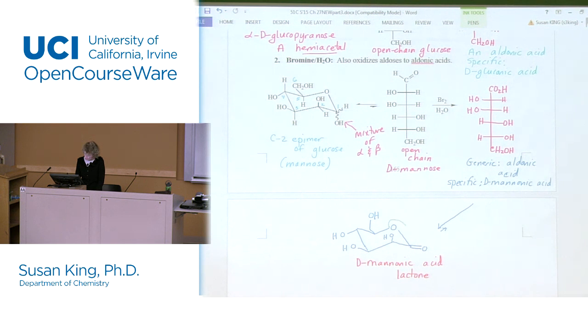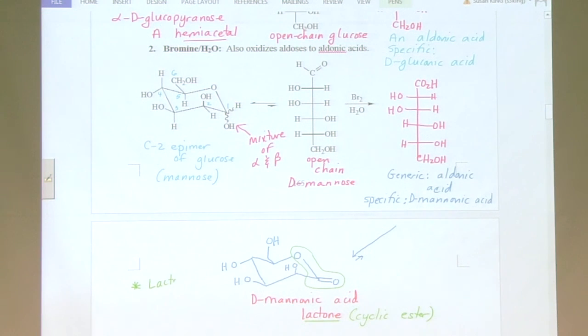Everybody see the ester here? Let's circle the ester right here. So lactone is a cyclic ester. And lactone is favored in acid and disfavored in base.